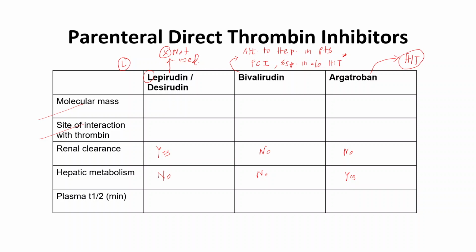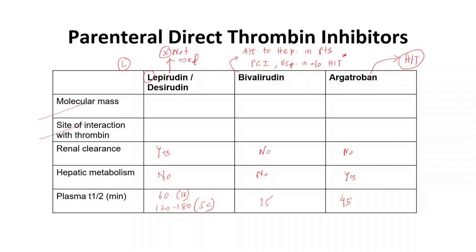Plasma half-life is important. In minutes for lepirudin, it is around 60 minutes if you give IV, and around 120 to 180 minutes if you give sub-Q. But anyway, we are not using this. So what we have to remember is for bivalirudin, it is around 25 minutes, and argatroban, it is around 25 minutes.